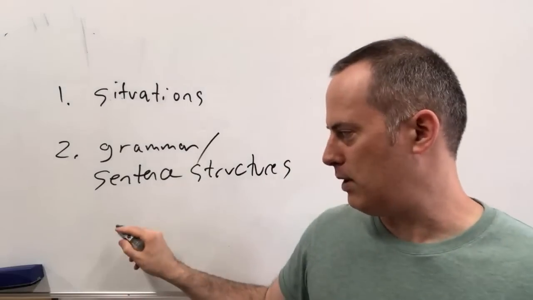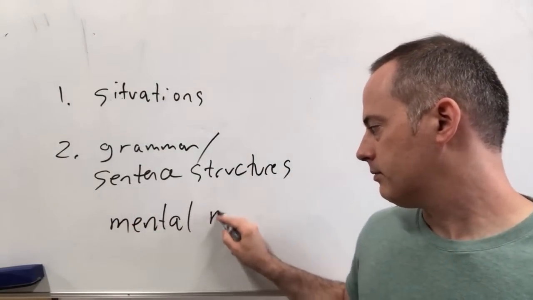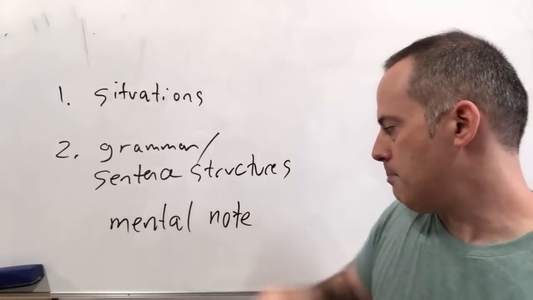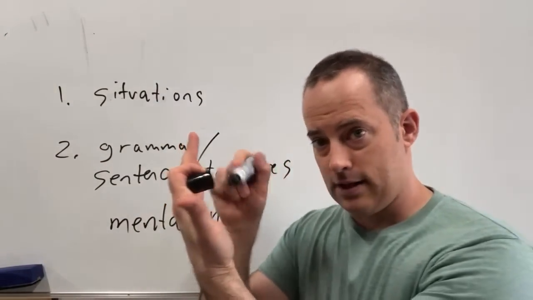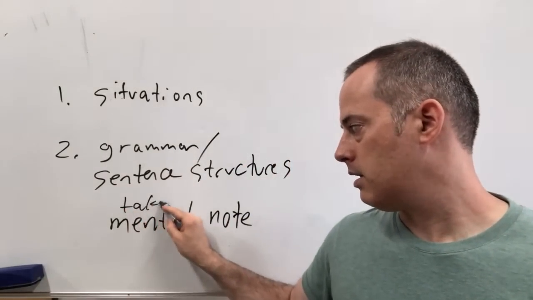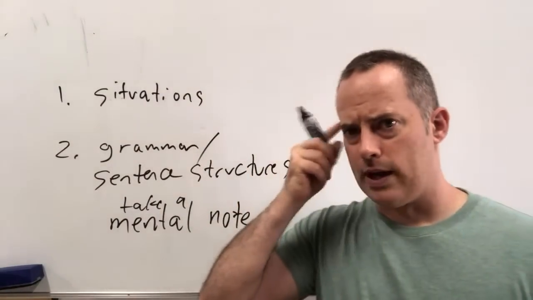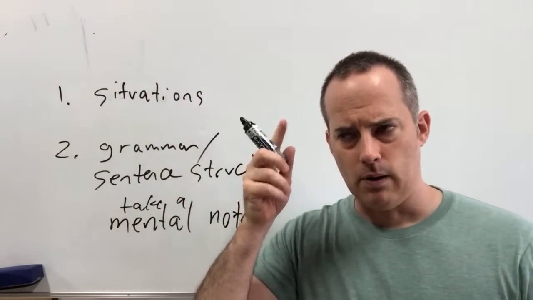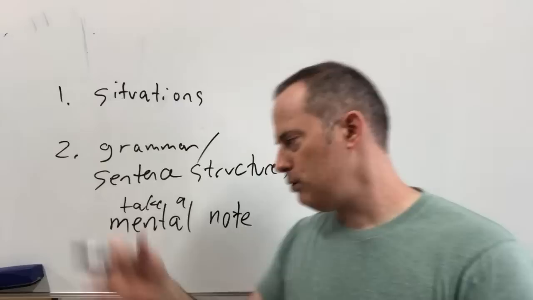We can use this as a very good phrase here: a mental note. So instead of taking a physical note, like writing on a notepad, we can say take a mental note. So I note something in my mind, like, oh, that was some interesting grammar, or I didn't know that vocabulary could be used in a particular way.